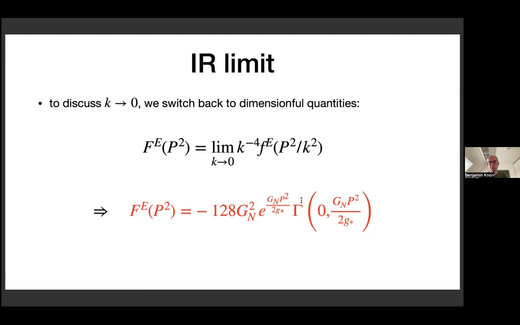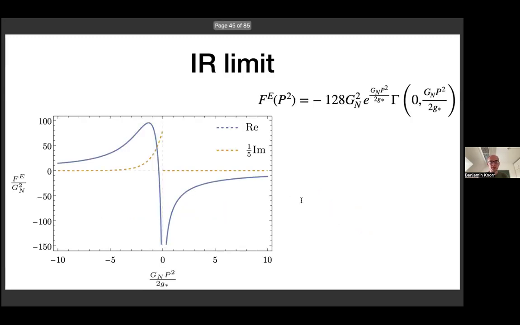Now, I'm not sure how familiar you are with incomplete gamma functions, so let me plot it. And you realize, well, I have the analytic form of this, so I can plot it on the whole real line. So even negative p squared. So we are not strictly Euclidean anymore here. Good. And what you find is you get a real part and an imaginary part.